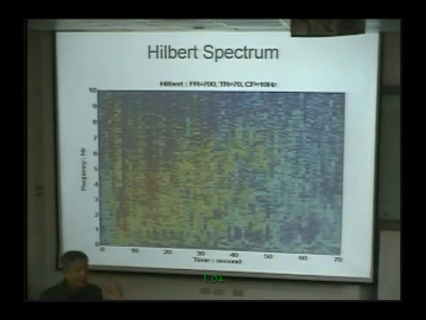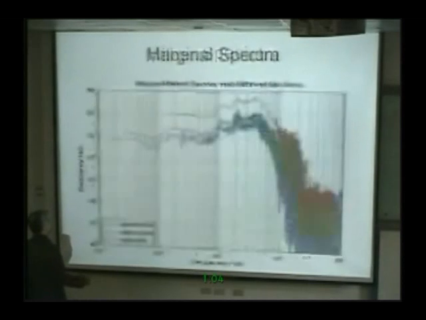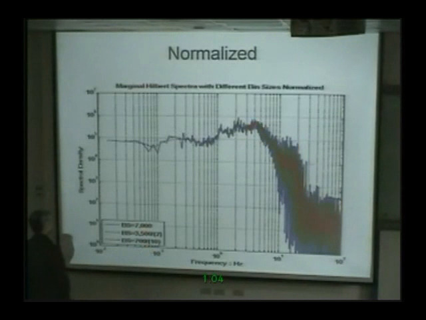In Hilbert, there are infinitely many games you can play, depending upon whether you want to see the frequency resolution or the time resolution. You can play this kind of game and actually get this coarser and coarser. So with a different beam size, we can normalize it just like I explained before.